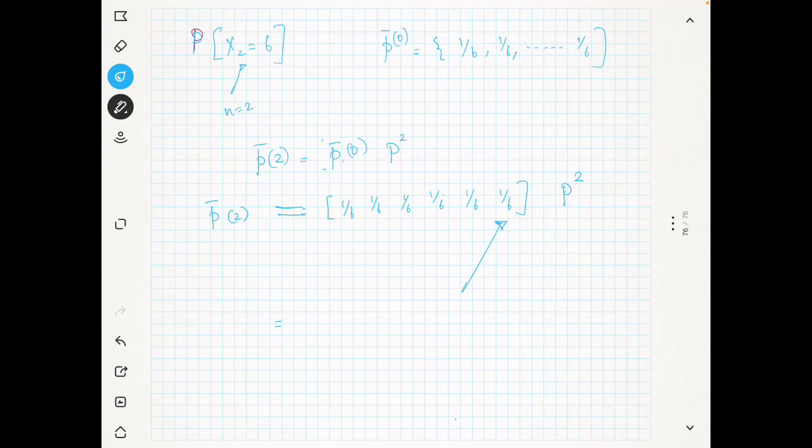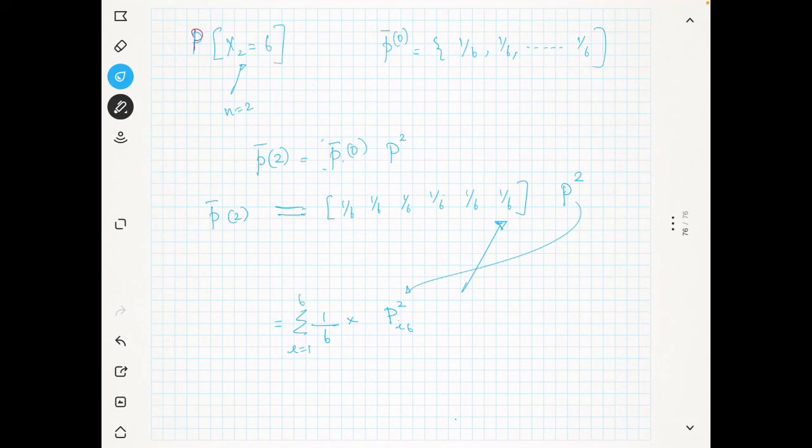Or you can represent it like this. It is nothing but 1 by 6 multiplied with pi 6 in the transition probability matrix. Pi 6 means the sixth column of this matrix, and i varies from 1 to 6.